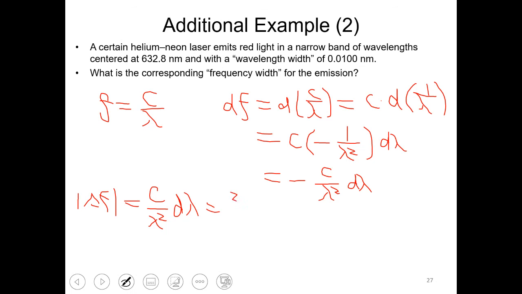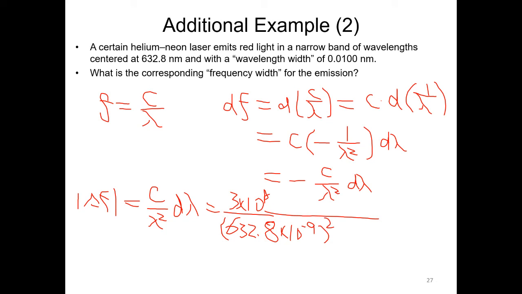And c is nothing but 3 times 10 to 8, over 632.8 times 10 to minus 9, squared, and then times delta lambda, which is 0.0100 times 10 to minus 9.